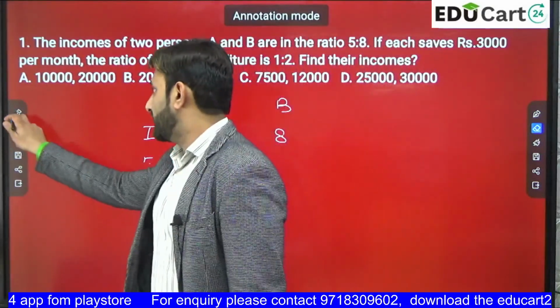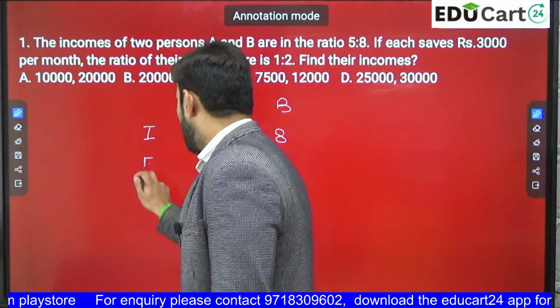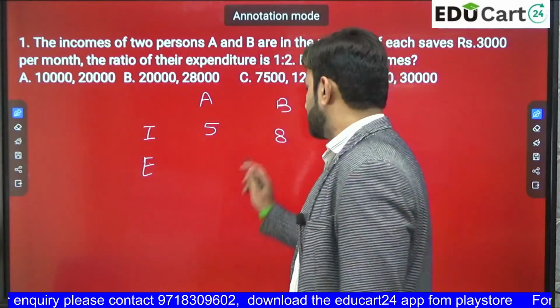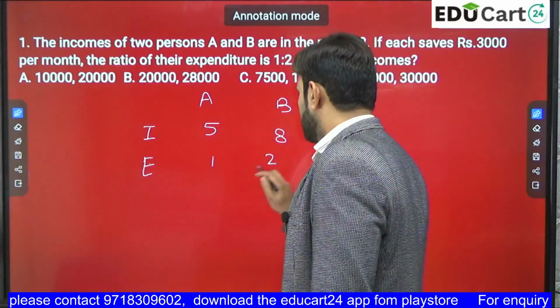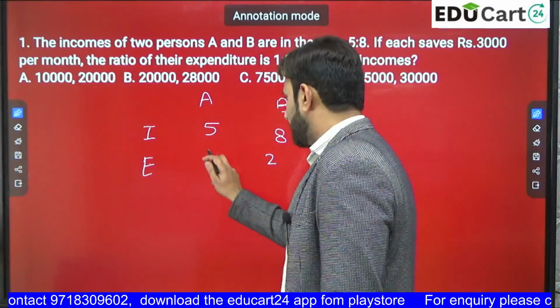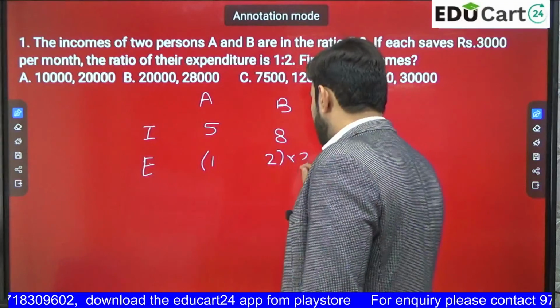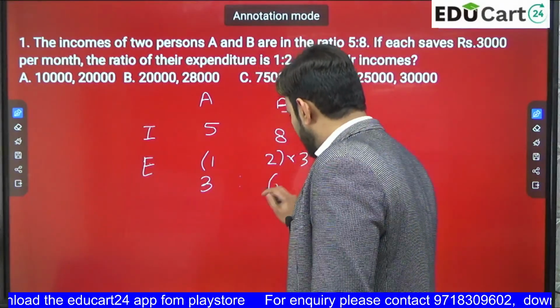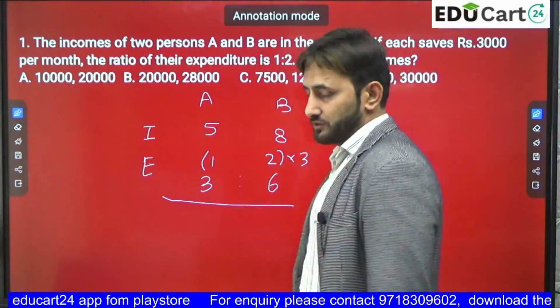Because I want to make the difference of the expenditure also 3 units. This is 1 is to 2, so after multiplying by 3, you can write this as 3 ratio 6, which is also the same as 1 is to 2.